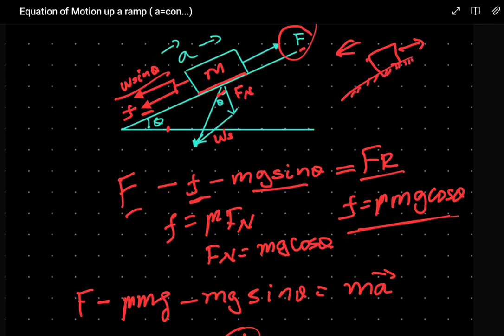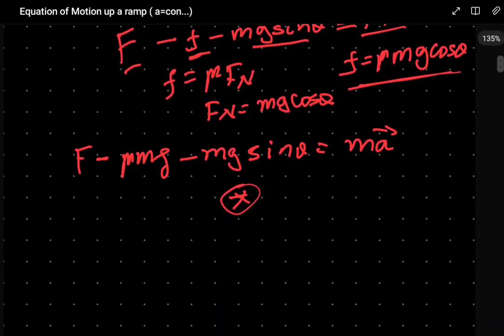It resists the motion. So if the mass is moving down, the friction is upward, and the sine component of the weight is always down the slope. Every time, the sine component of the weight is down the slope. Now we have this expression. So how do we get the resultant force?